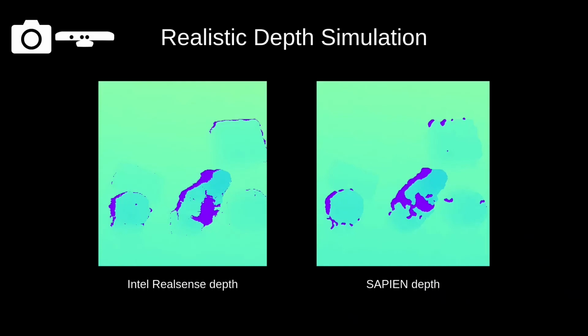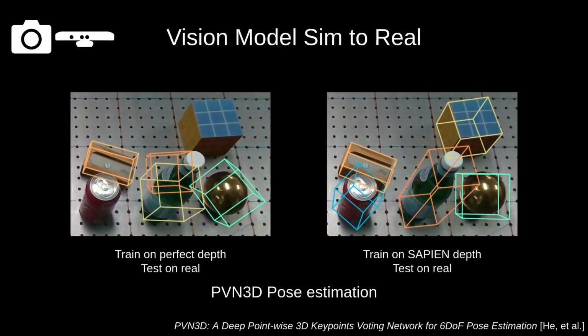Next, SAPIEN has enabled 3D vision models trained on simulated data to transfer to the real world, thanks to the realistic depth sensor simulation. Here, by generating training data in SAPIEN, the pose estimation model directly transfers to the real world without any fine-tuning.